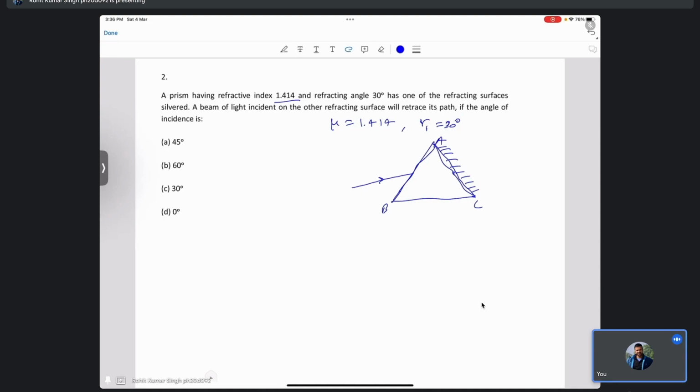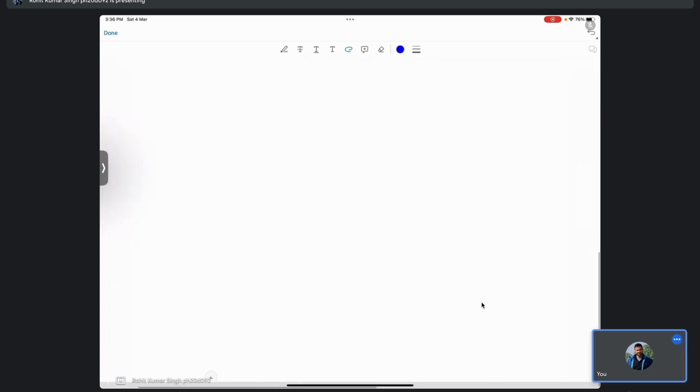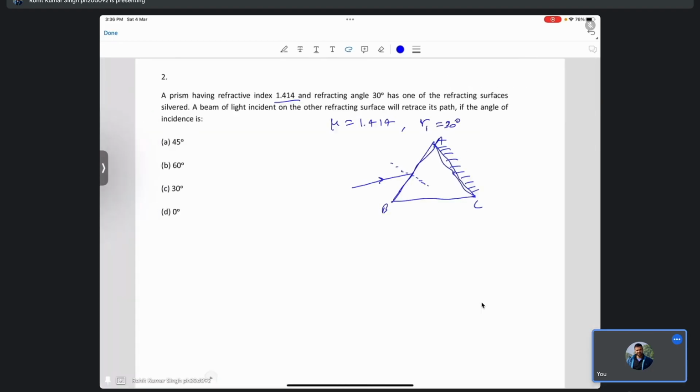So at what angle of incidence will it retrace its path? That means it will obviously bend towards the normal, and then it will go and come back along the same path. So at what angle should this be happening?